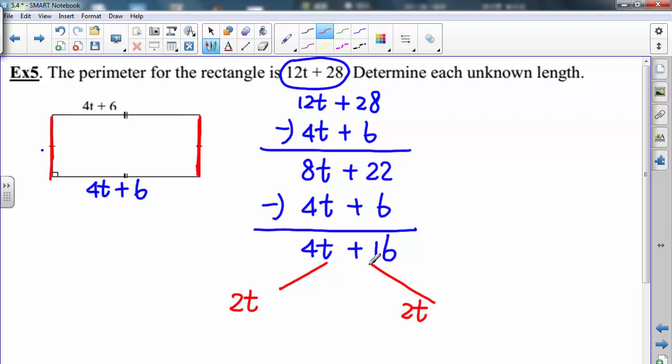The same idea to split positive 16 equally. Positive 16 divided by 2 is easy, so this one is plus 8, this one is also plus 8. So right now I know this side is 2t plus 8. This side is also 2t plus 8.